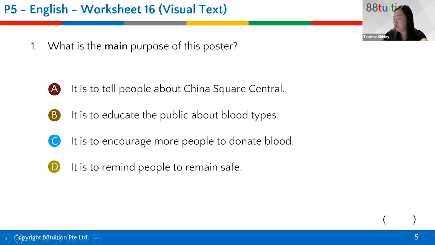Okay, generally for visual text, they will ask you about purpose, audience, and context. Okay, so purpose, audience, and context. Purpose means what do you think is the message that the creator wants to send. It might not be a message that, yes, Samit, you want to ask a question?